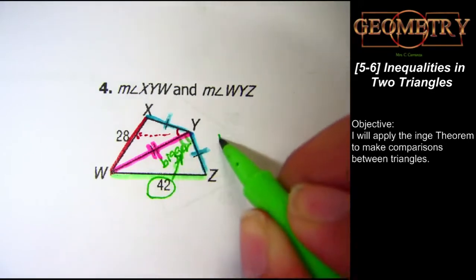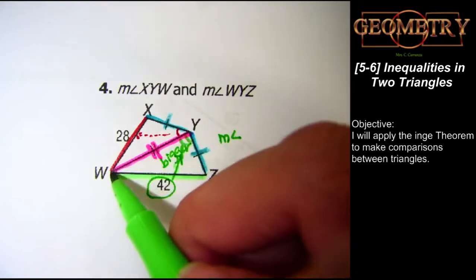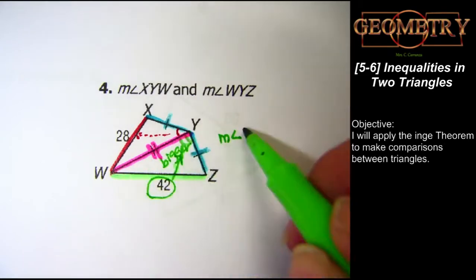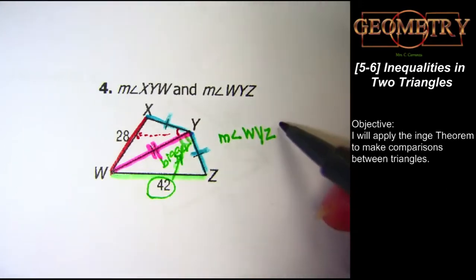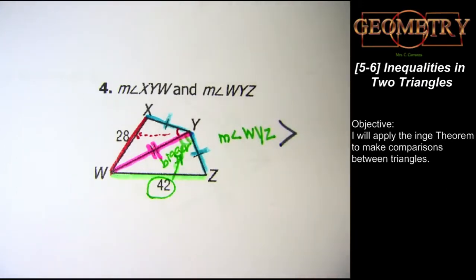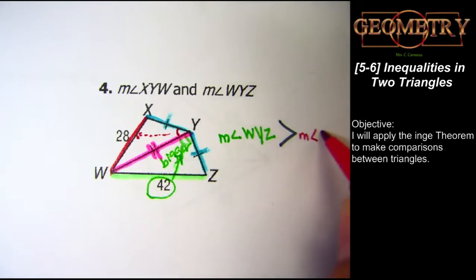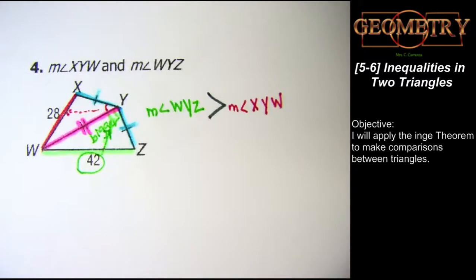And so we're going to write that the measure of angle WYZ is greater than the measure of angle XYW. Now when I'm writing them out by hand, so that you can tell the difference between an angle measure and the inequality, I'm going to write the inequality bigger than the angle symbol.